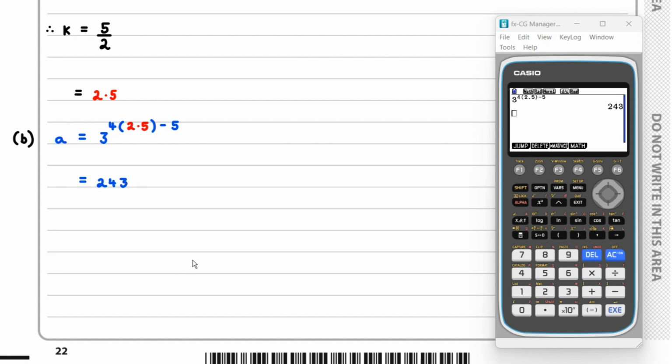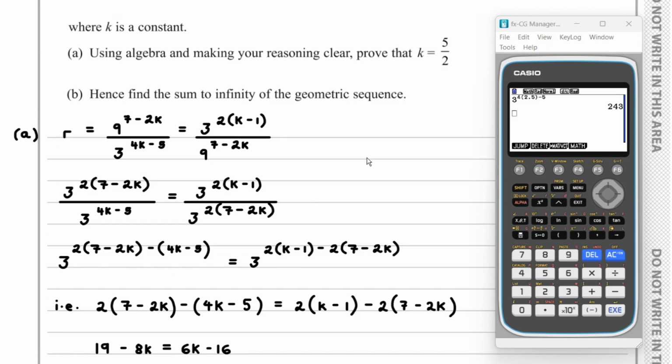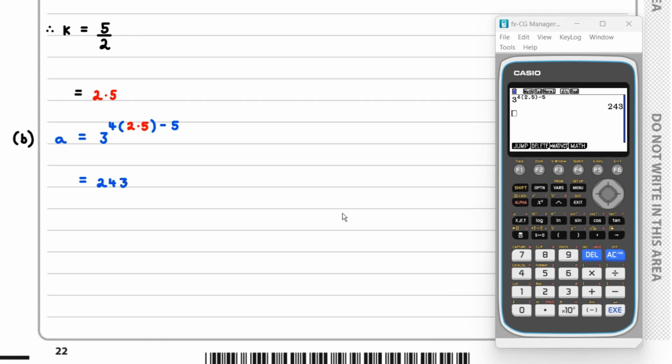We now need to find out what r is. And remember, r is equal to 9 to the power of 7 subtract 2k over 3 to the power of 4k subtract 5. So r equals 9 to the power of 7 subtract 2 lots of 2.5 over 3 to the power of 4 multiplied by 2.5 subtract 5. So let's work this out.